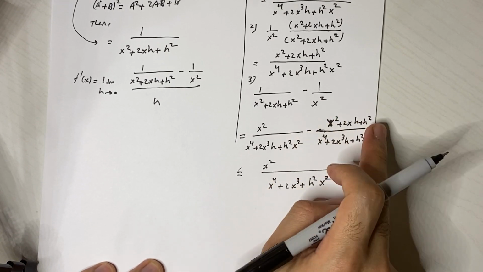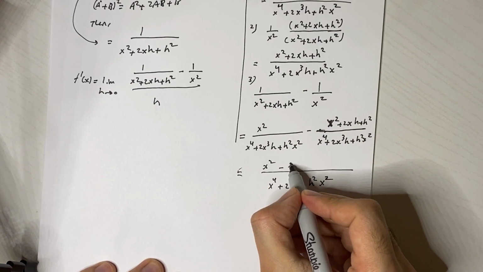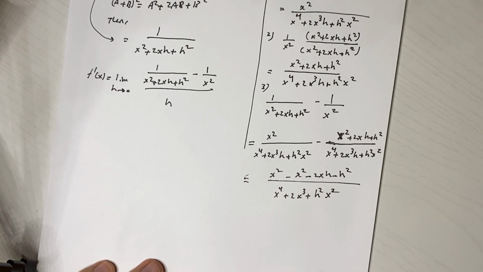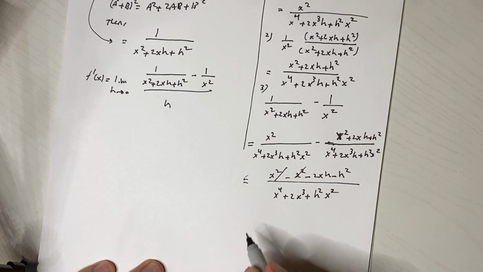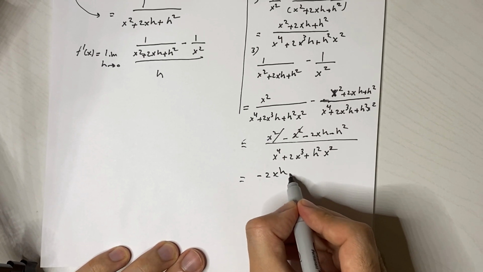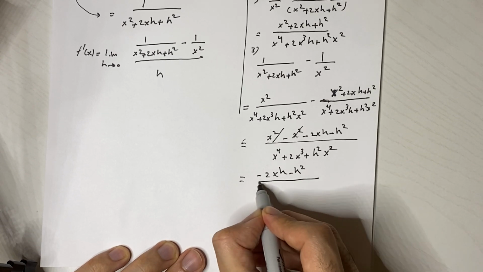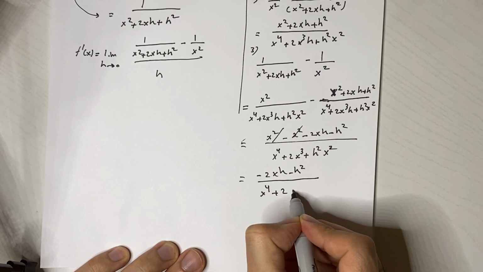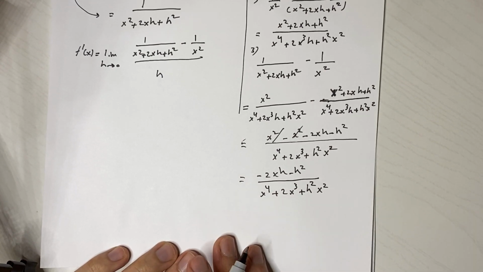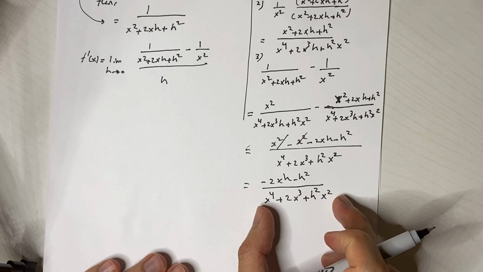Here we notice there's a negative sign. What I'm going to do when I write this is multiply this negative sign by the whole term, so all their signs will change. We can see that x squared minus x squared is 0, so both of these terms will go. And this is what we are left with. Remember again, this is only the top of the limit. So now we found the top of the limit.